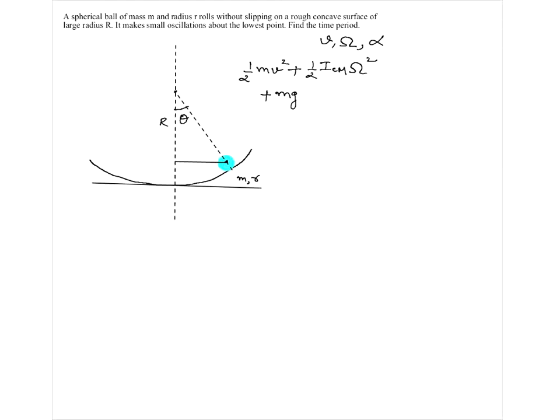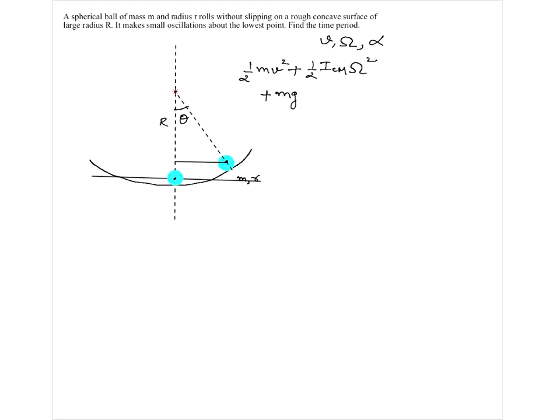I think that answer would be correct if I take the baseline not here but here. So where its center was in the very beginning, we are taking our baseline passing through that center. So initial potential energy is 0. I mean here at the mean position it is 0.